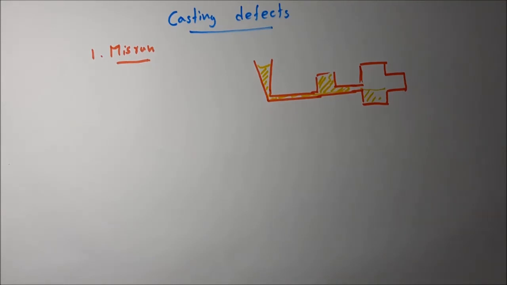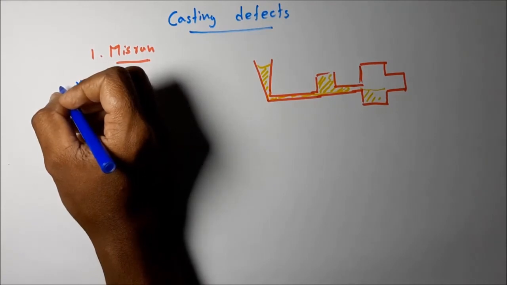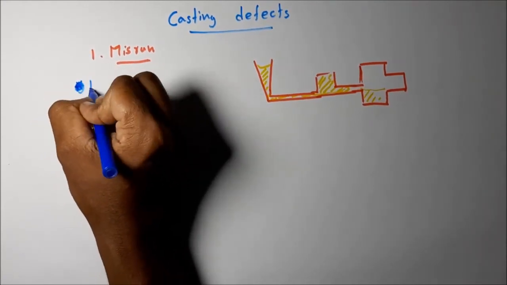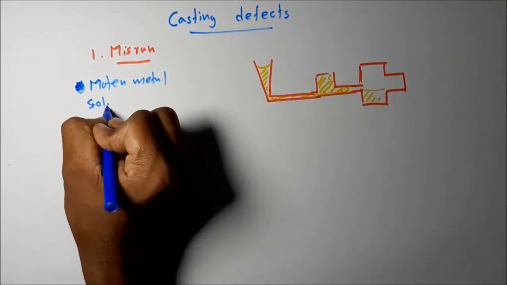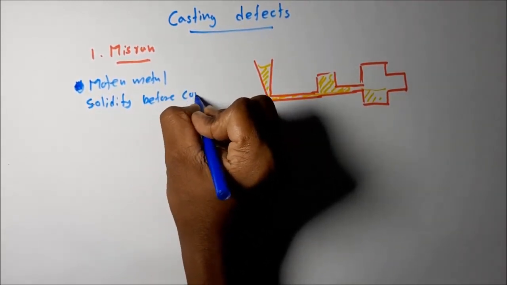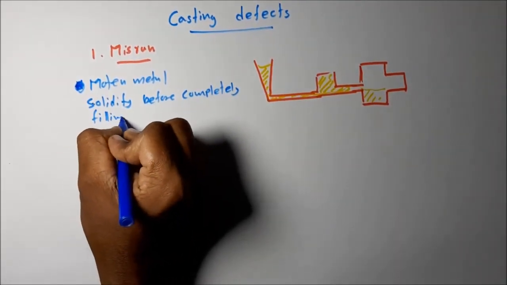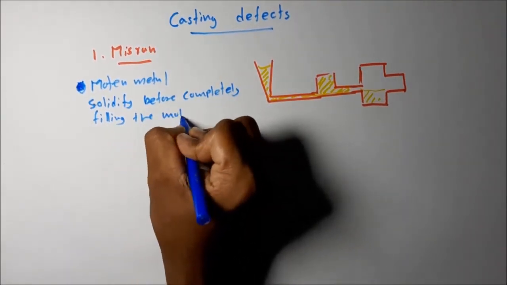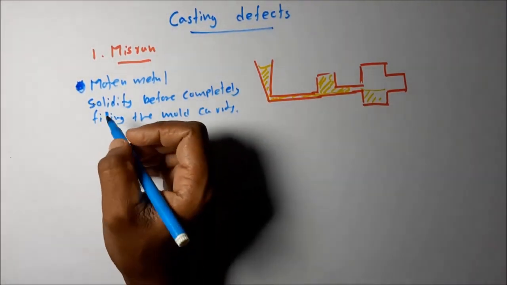This is caused when the molten metal solidifies before completely filling the mold cavity, which is called a misrun.